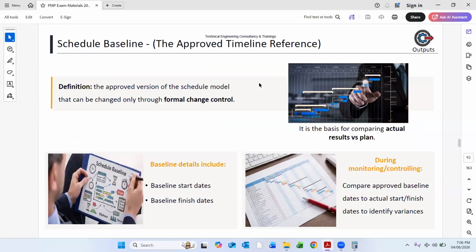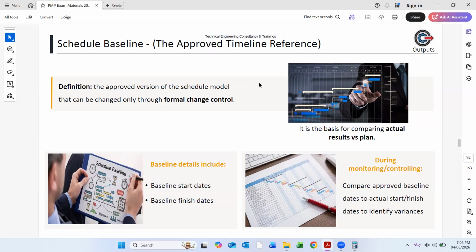The approved timeline reference is based on the approved version of the schedule model, which can be changed only through a formal change control. If we have a baseline program and it is approved, it is actually a contractual document. But how can we change those dates in the baseline program?